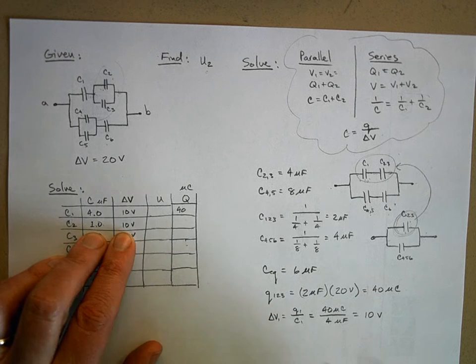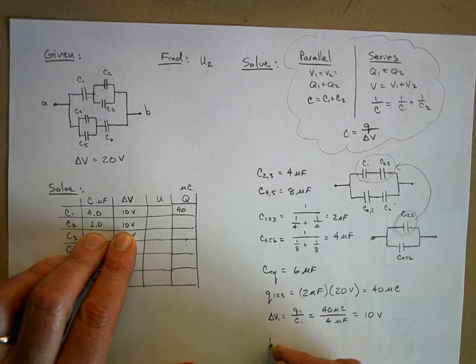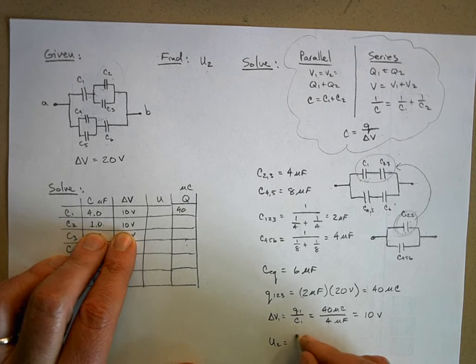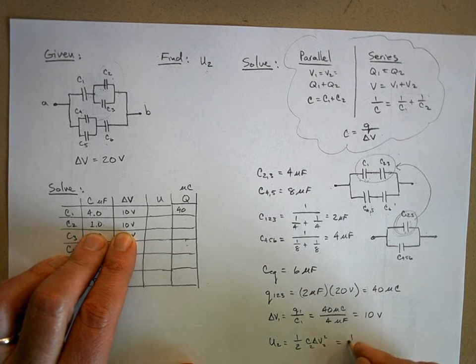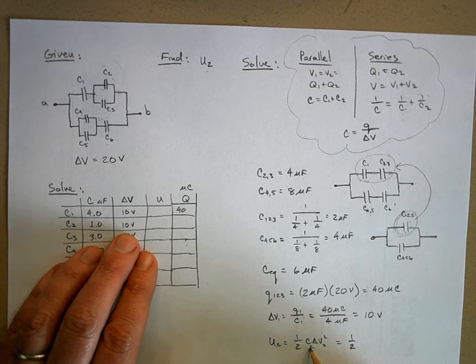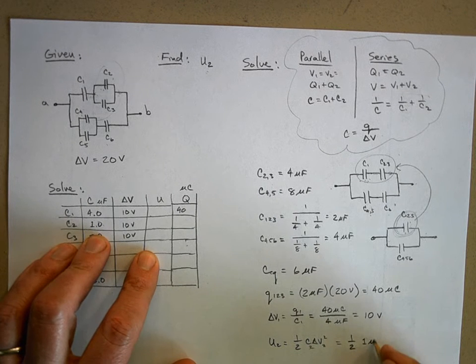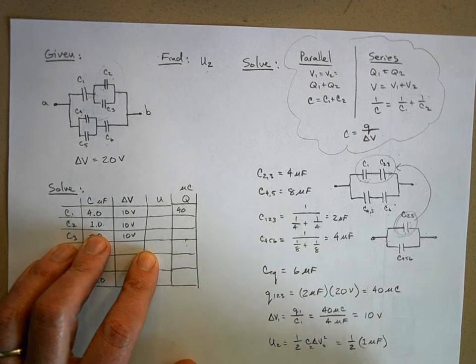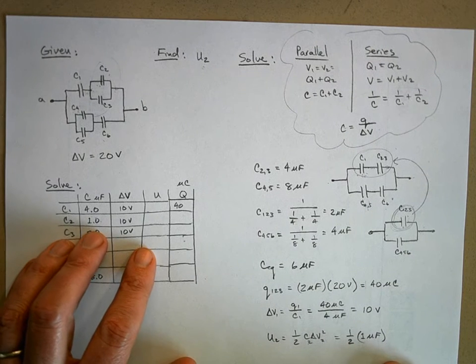So what is the energy equation? 1/2 C delta V squared for 2. So that's going to be 1/2, and what's C2? 1 microfarad. And I'm still on camera. Okay, good.